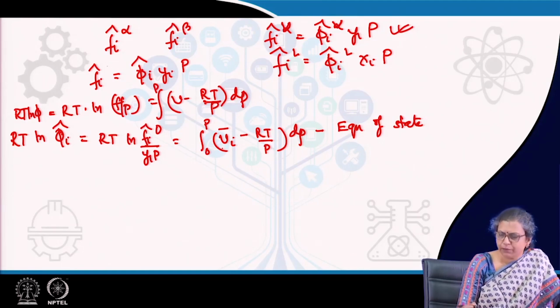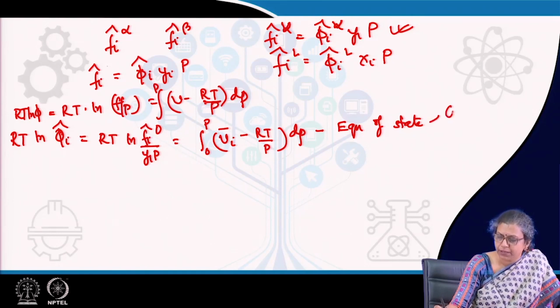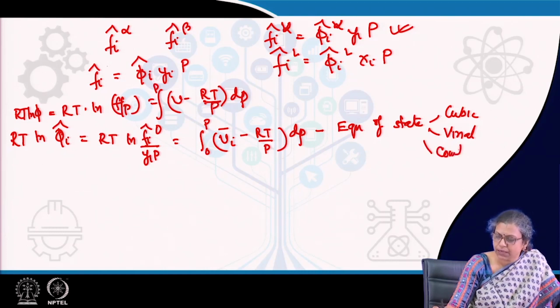And molar volume can be obtained from any equation. It can be a cubic equation, a virial equation of state, or the compressibility factor chart. So, from anywhere we can find it out.